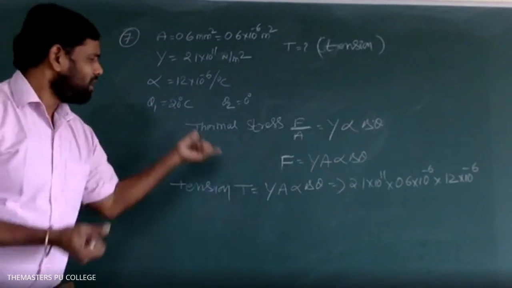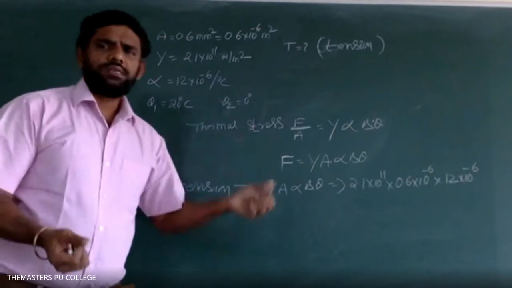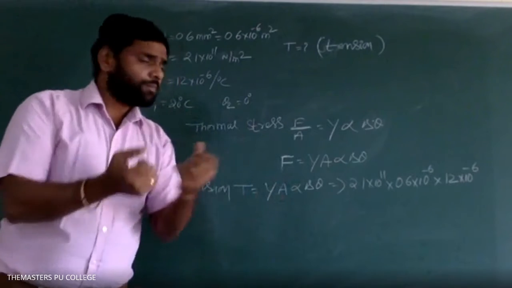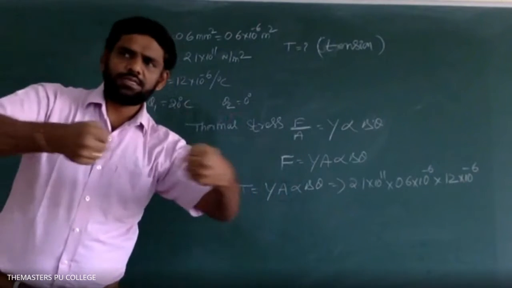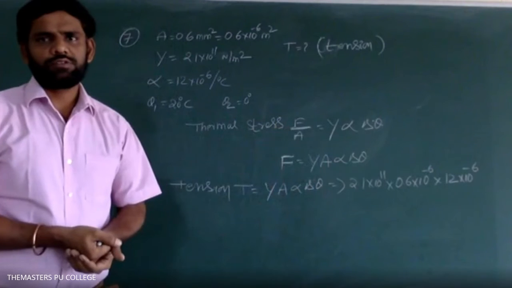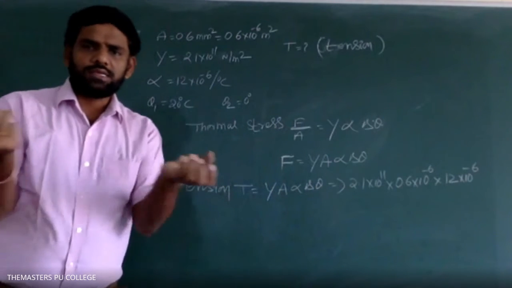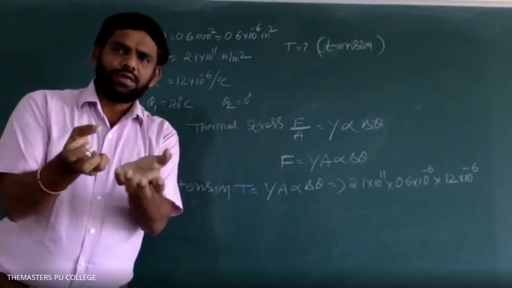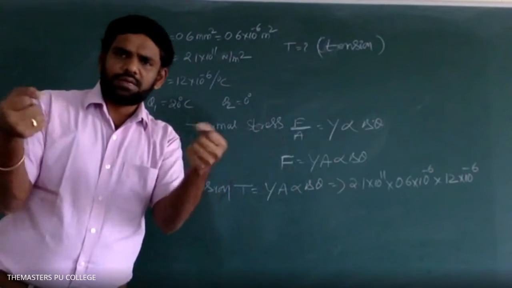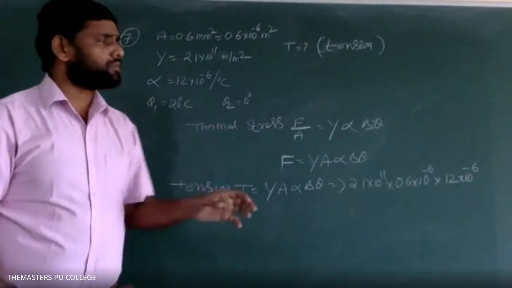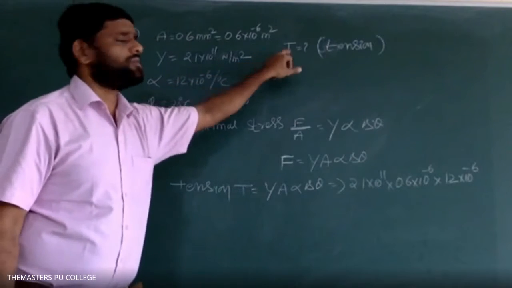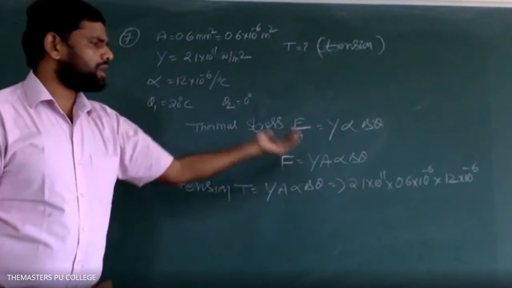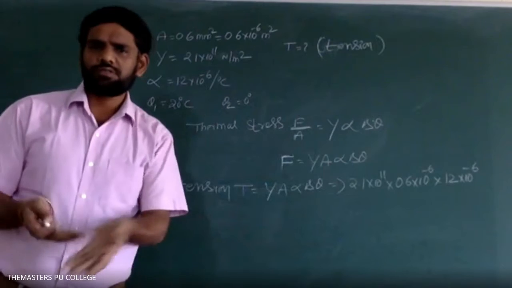Here the temperature of the rod is decreased, which means it is a compressive force. If the temperature of the rod is increased, it means an elongation force. Just like a string, its length tries to reduce, so an internal compressive force acts on the string. That compressive force is what they are asking. Whether you take negative or positive, the magnitude of the force will never change.